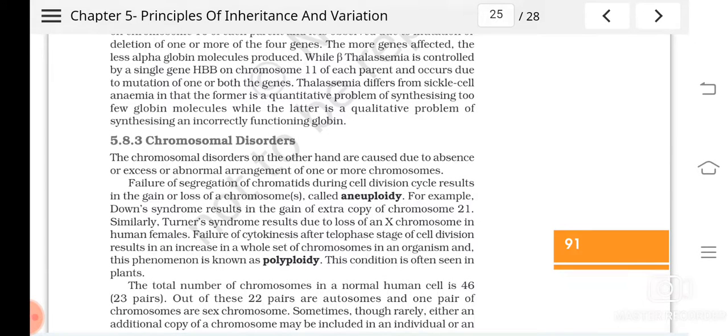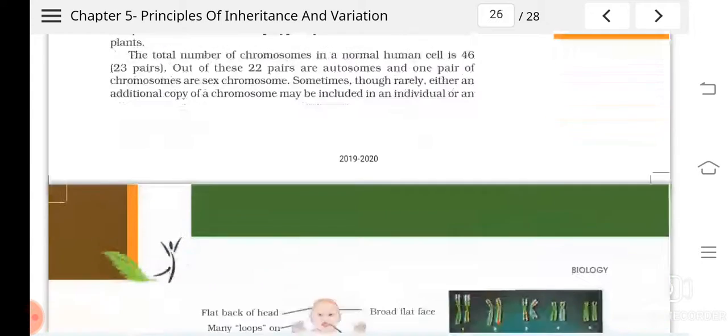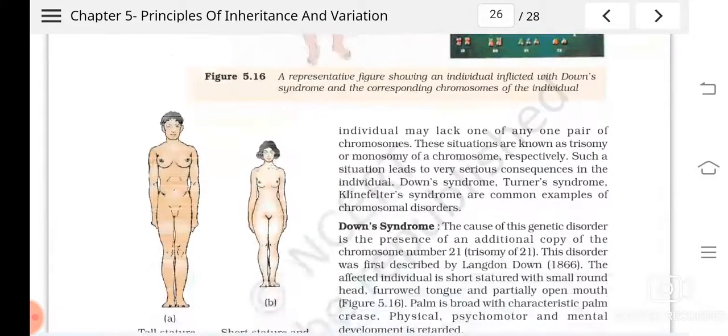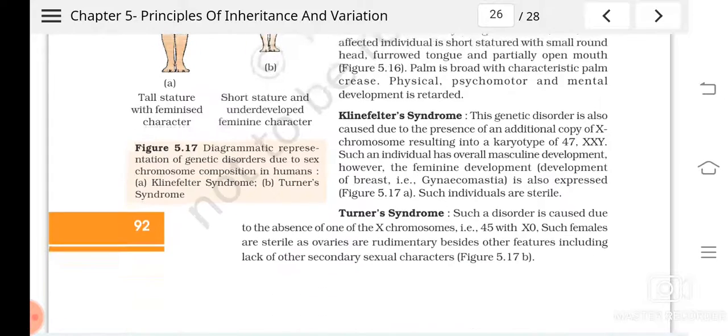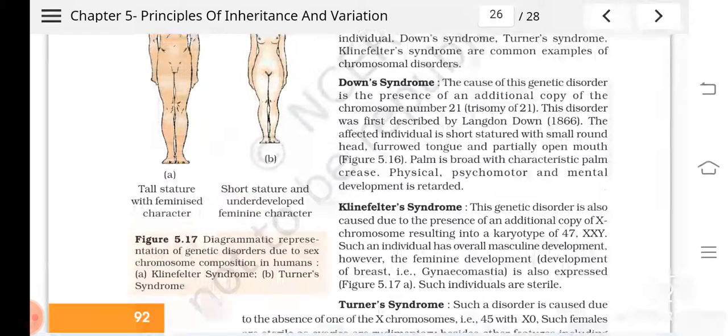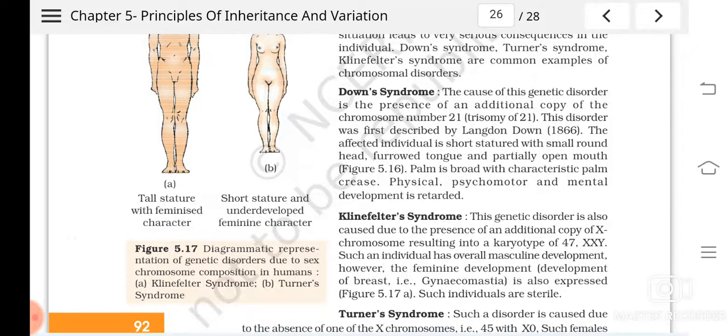I told polyploidy is common in plants. Aneuploidy can be monosomy or trisomy, isn't it? And we have seen examples like Down syndrome, Klinefelter syndrome, and Turner syndrome. So the characteristics of all this you have to learn correctly.